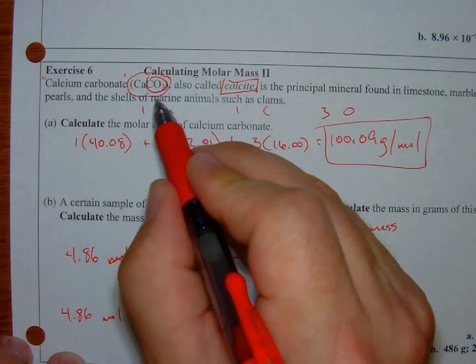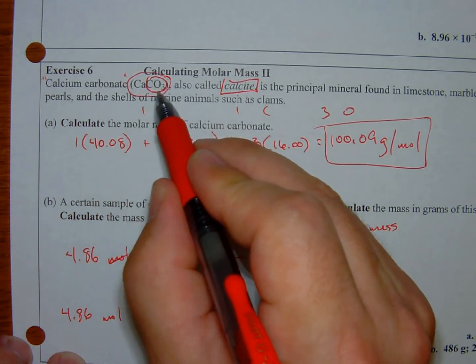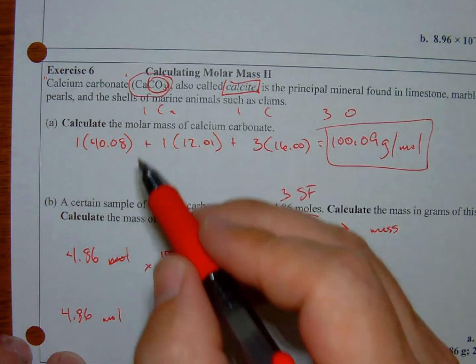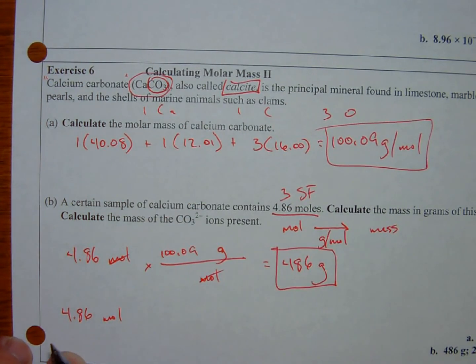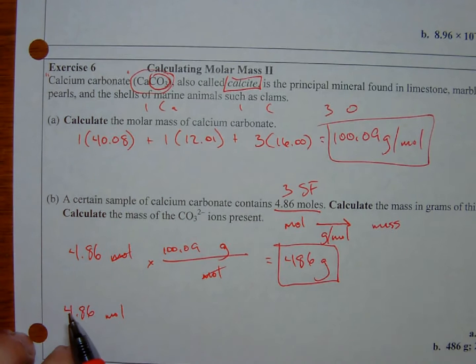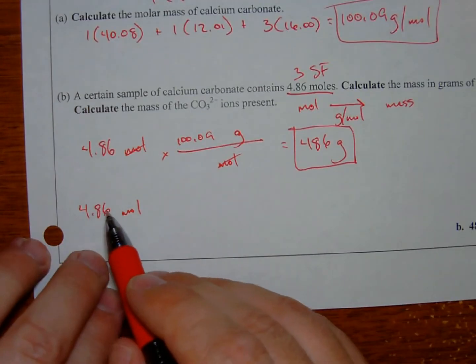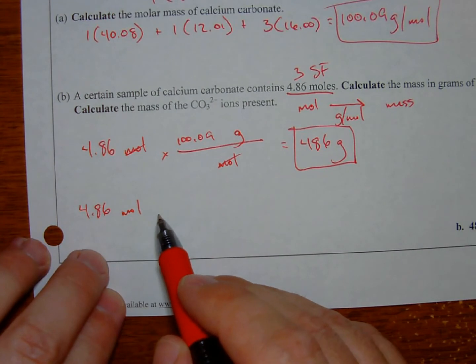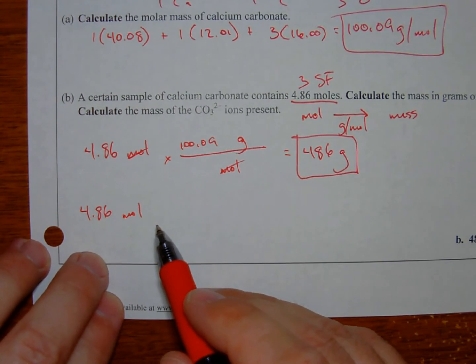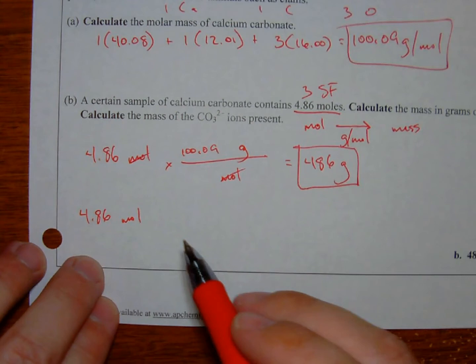For every 1 calcium carbonate, the whole stinking thing, there's only 1 carbonate. It's a 1-to-1 ratio. For every one formula, there's 1 carbonate. It's 1-to-1. So if there are 4.86 moles of calcium carbonate, there's 4.86 moles of carbonate.